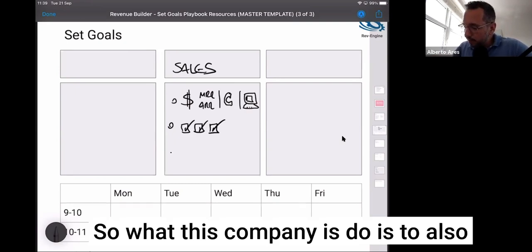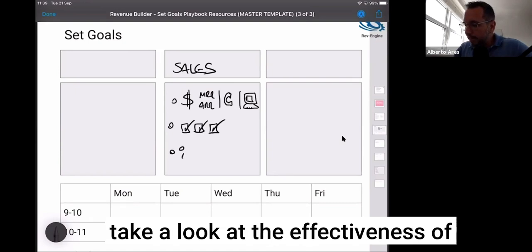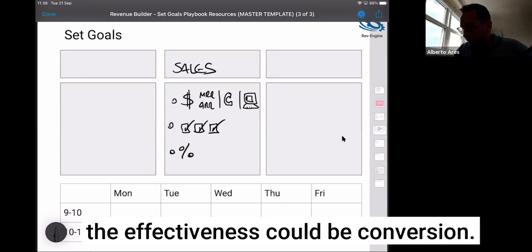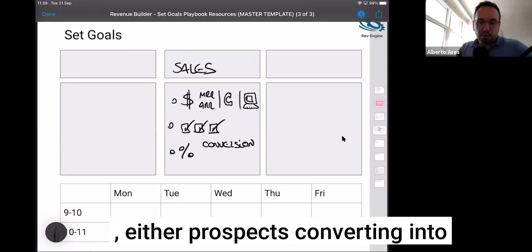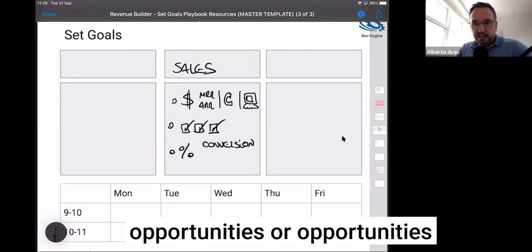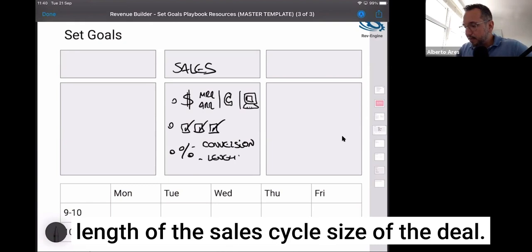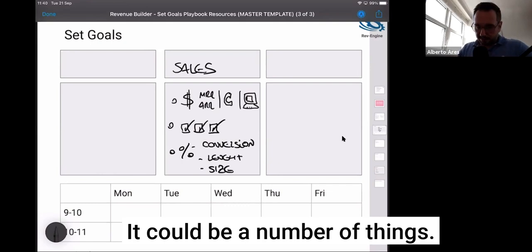So what these companies do is to also take a look at the effectiveness of those activities that you perform. And the effectiveness could be conversion, either prospects converting into opportunities or opportunities converting into deals, or it could be length of the sales cycle, size of the deal. It could be a number of things.